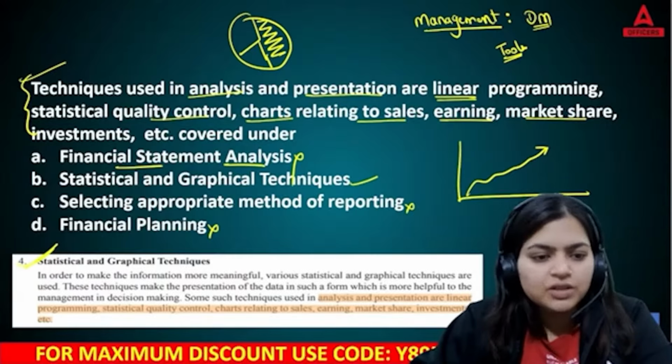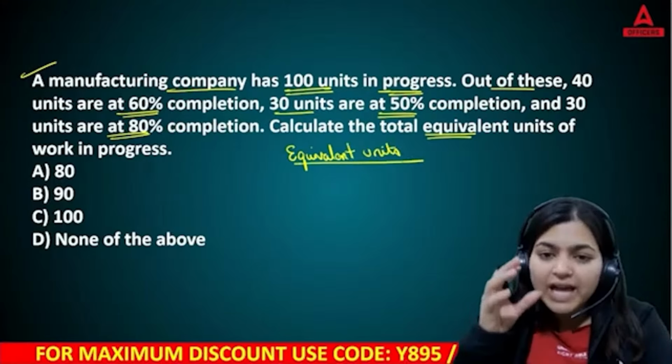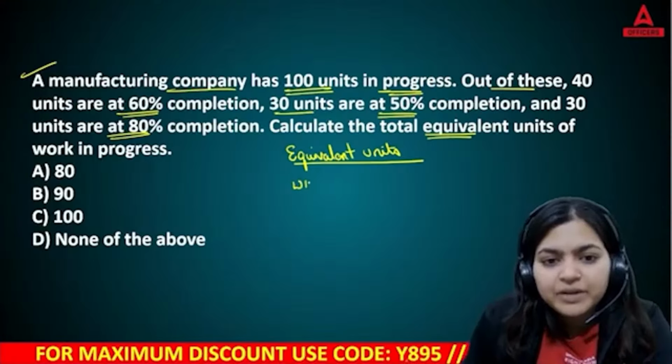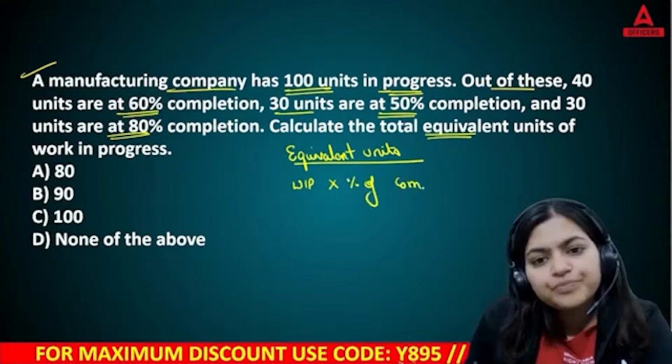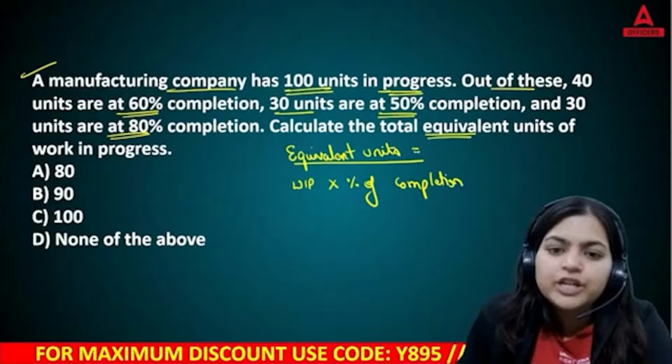Next question. A manufacturing company has 100 units in progress. Now remember, for equivalent units, we need to calculate all your WIP into their percentage of completion. When you multiply these two things, you can get equivalent units.